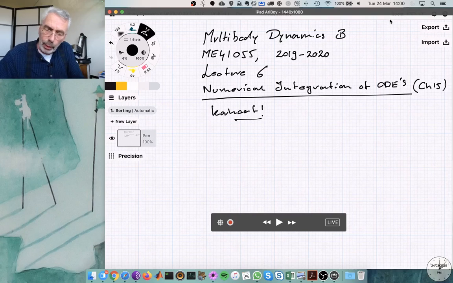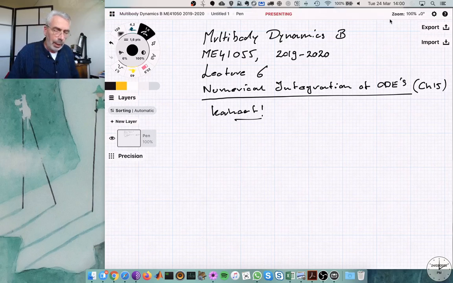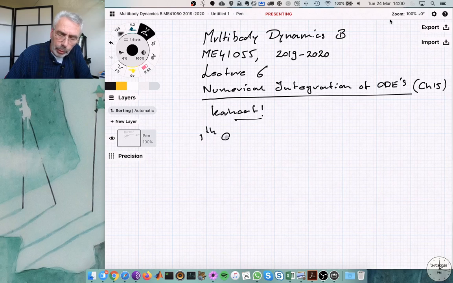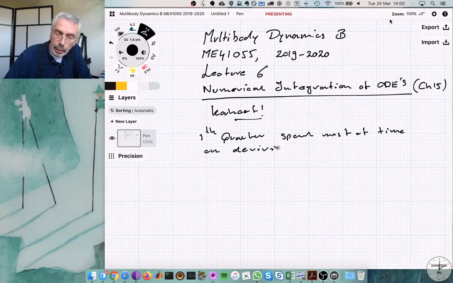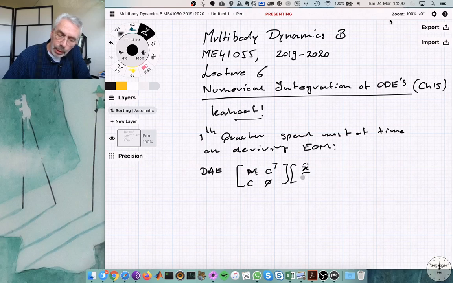Okay, the topic of today: numerical integration of ordinary differential equations. If everybody remembers, in the first quarter we spent most of our time deriving the equations of motion. Either it was in a DAE form, with the mass matrix, the Jacobian, zeros, and then accelerations, Lagrange multipliers, and on the right hand side forces and some second order terms.